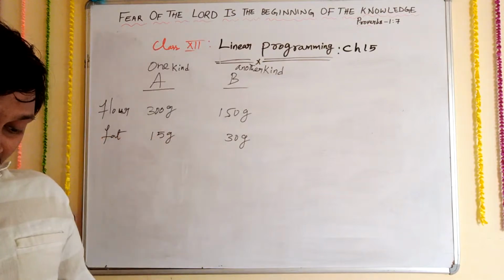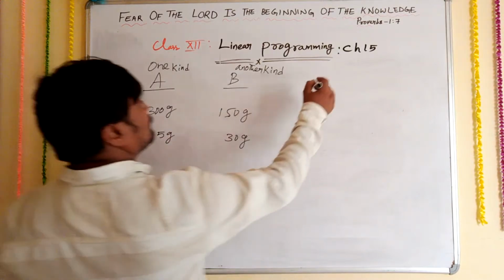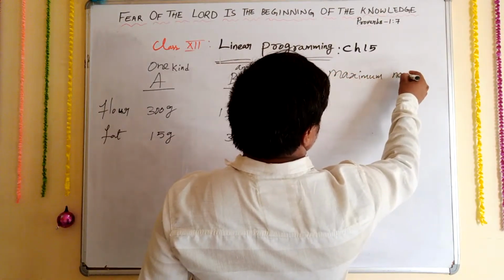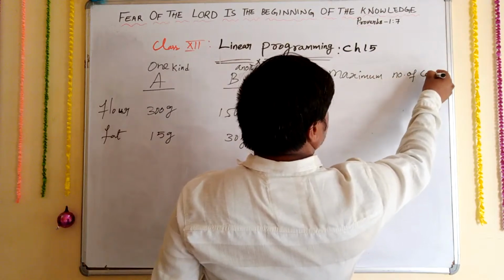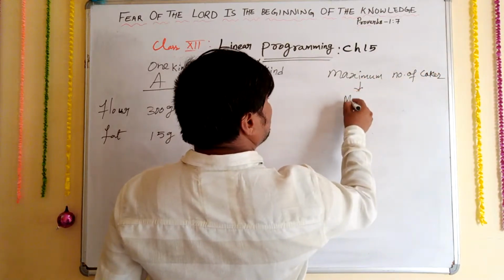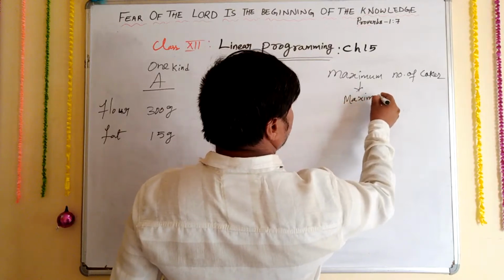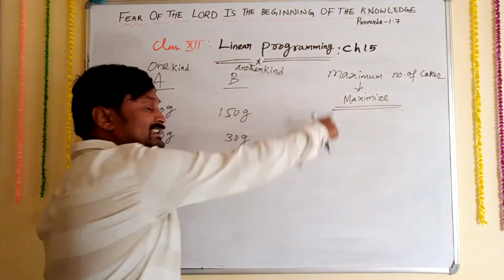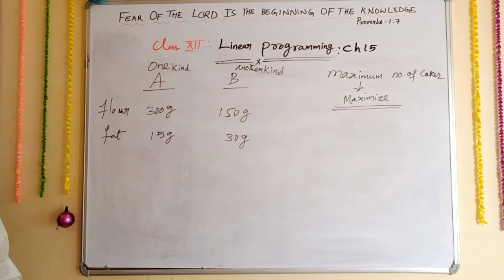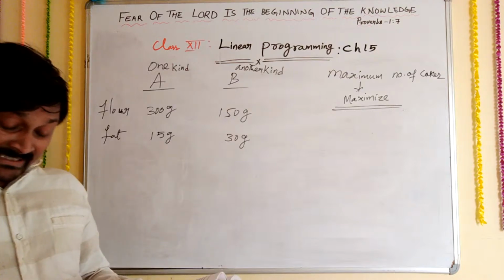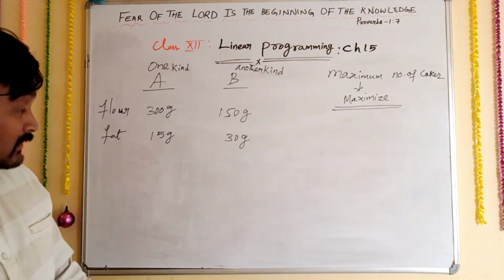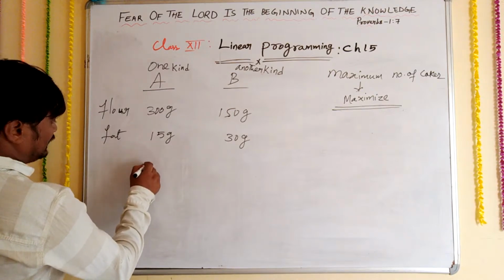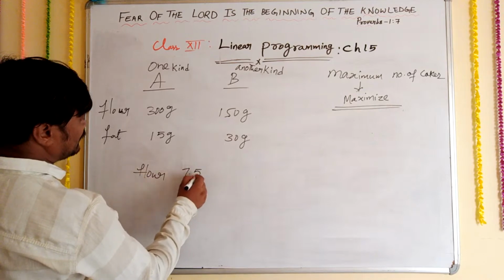Okay, these are given. And next what they given? Find the maximum number of cakes. So maximum number of cakes is nothing but you need to maximize the function. So our aim here is to maximize. Okay. So now maximize the number from 7.5 kg of flour. So here flour is fixed, they given 7.5 kg flour.